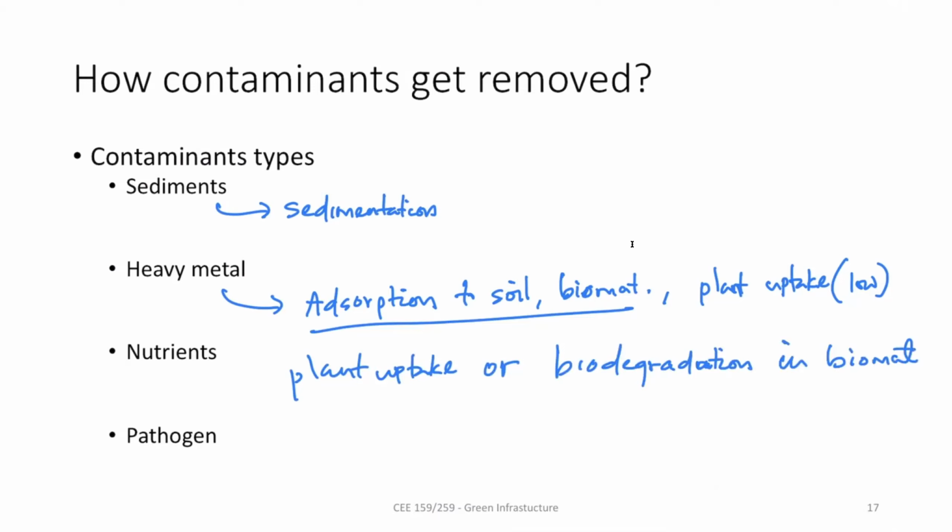For pathogens, there are multiple, like sunlight is one thing, sunlight inactivation. Pathogens can also adsorb on soil, if it is on soil. So these are the processes you can think of.